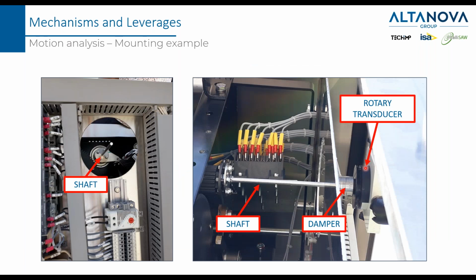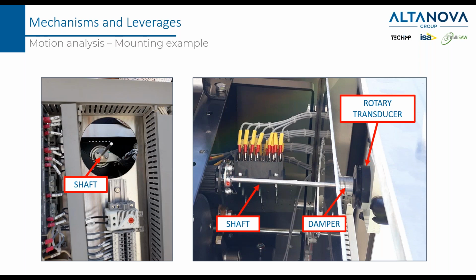Now some interesting pictures that give you an idea of what you need to do when you are in the field. In this example, we are placing a rotary transducer, which is this, but we cannot place the transducer directly on the mechanism here.